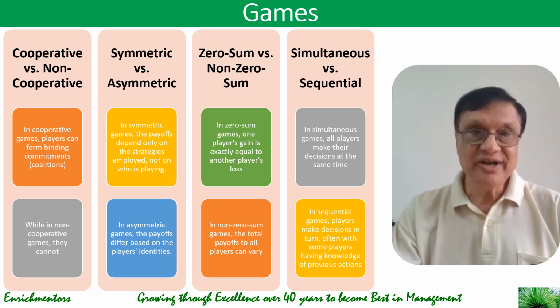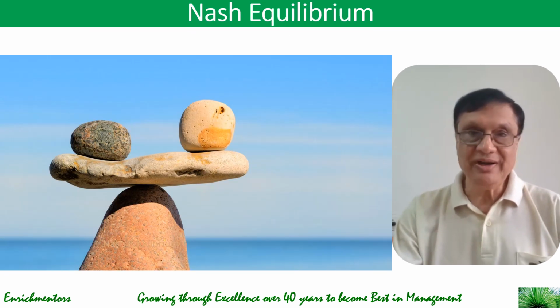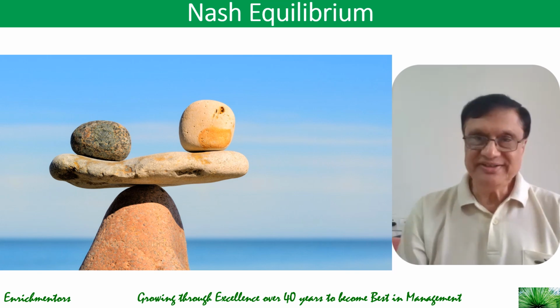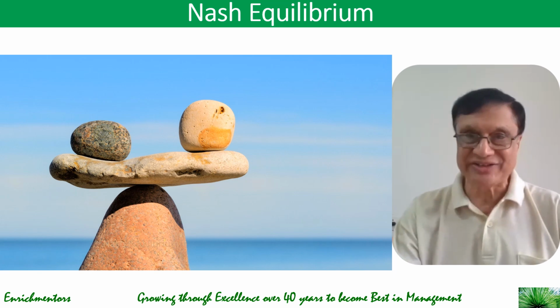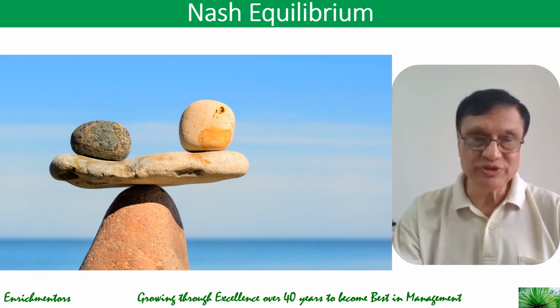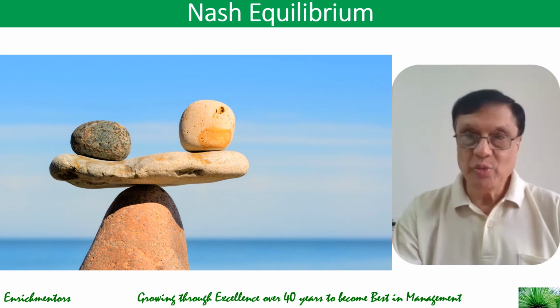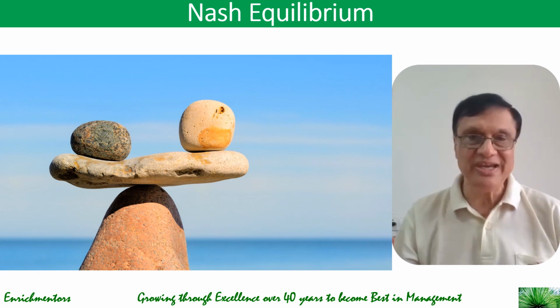Let us look at another concept called Nash equilibrium. What is Nash equilibrium? It's a key concept in game theory, named after John Nash, and it is a position in the game where no player can gain by unilaterally changing their strategy if the strategies of the other players remain the same. So it's a case of equilibrium.